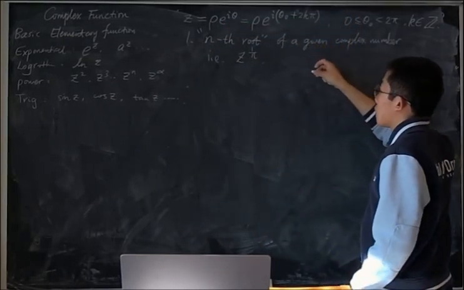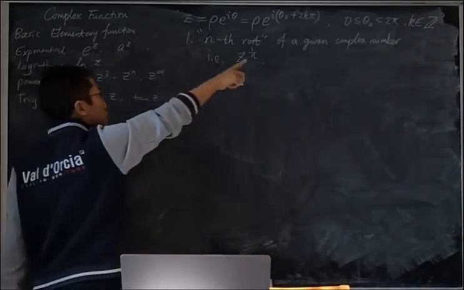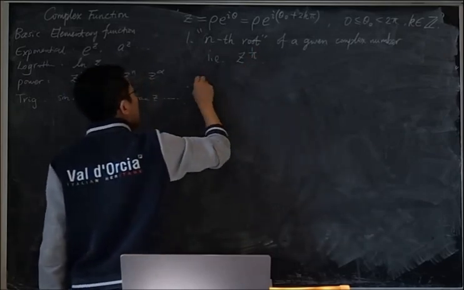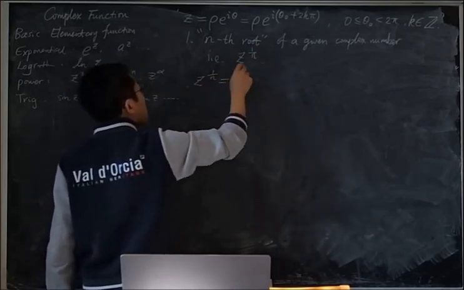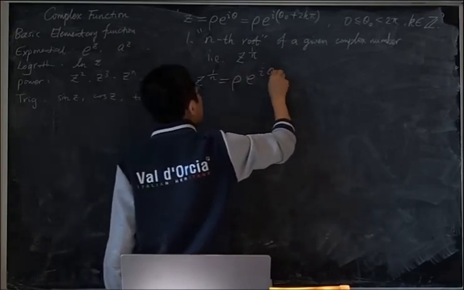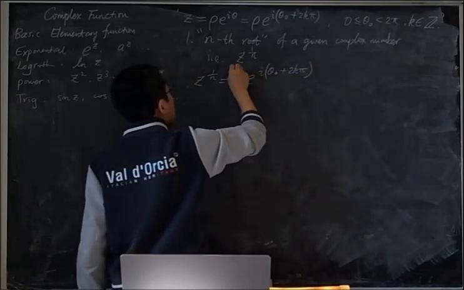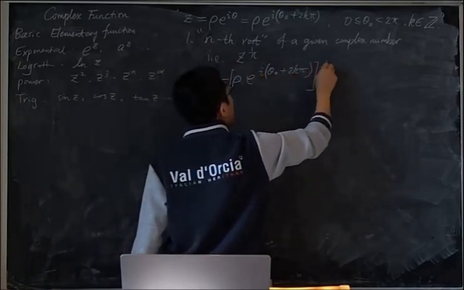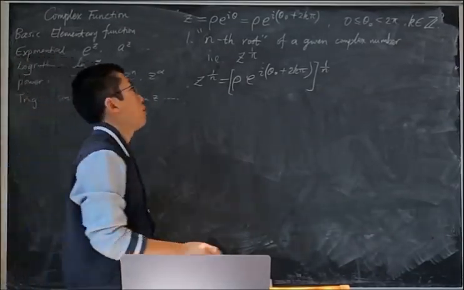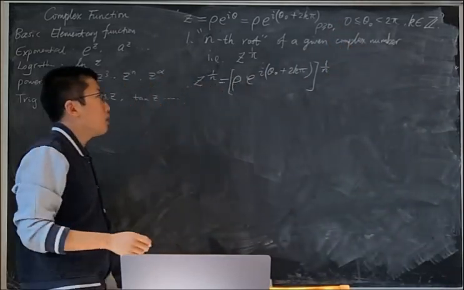Let's think about it. If we take the nth root, or take the power to 1 over n, then z to 1 over n, I take this form, is rho times e to the i (theta naught plus 2k pi), then to the power of 1 over n. Here, by default, rho is the absolute value, and rho is obviously real and non-negative.